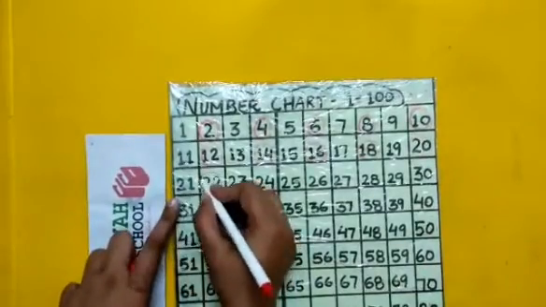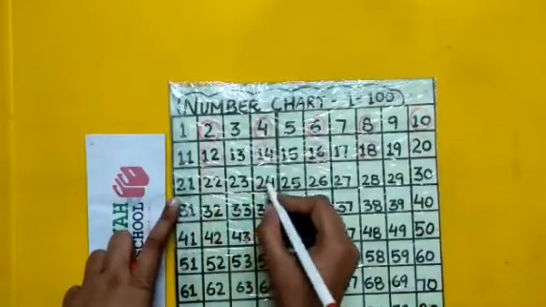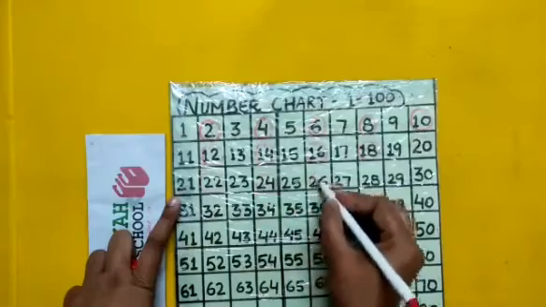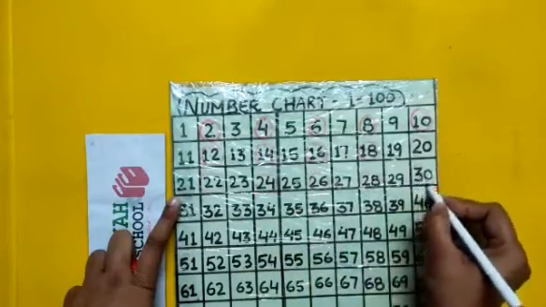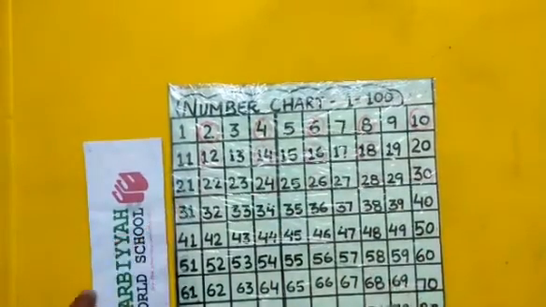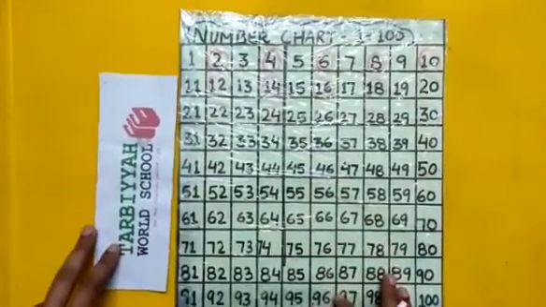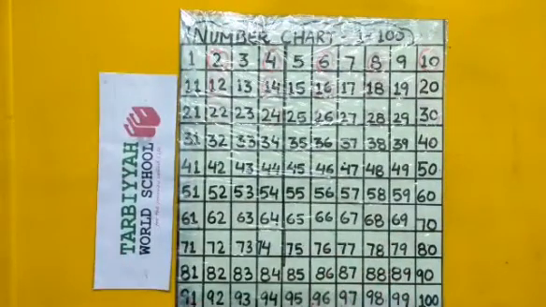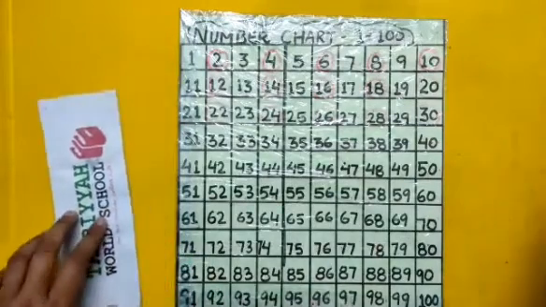Leave 21 and 22 is our answer. 24, 26, 28 and 30. Like this we find the numbers that are the answer for the skip counting of 2. So like this students, we do skip counting of 2.